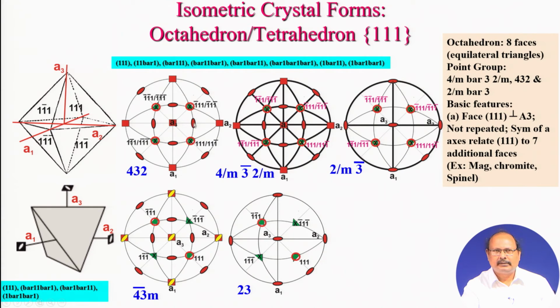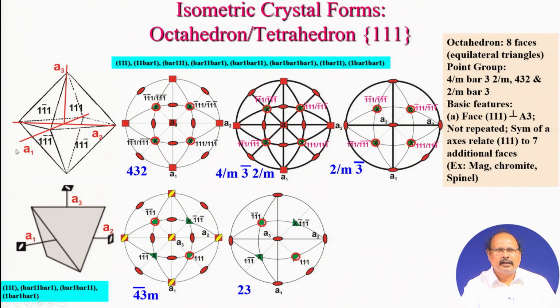So, from a starting 111, you have a total of 8 crystal faces here, and these 8 crystal faces can be subdivided into 4 which intersect the positive direction of the A3 axis, and 4 which intersect the negative direction of the A3 axis. These 8 faces are equilateral triangles, and they give rise to a crystal form which has been called an octahedron, and this is the model of an octahedron here.